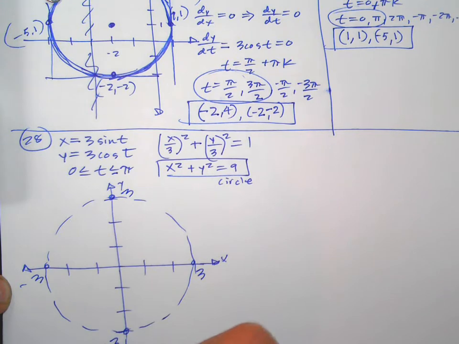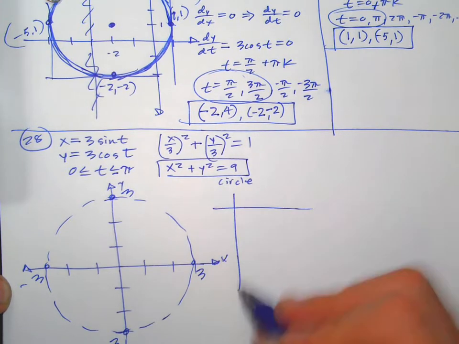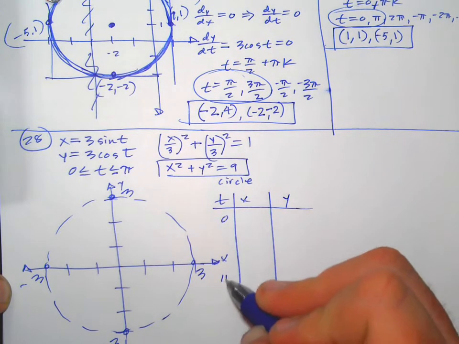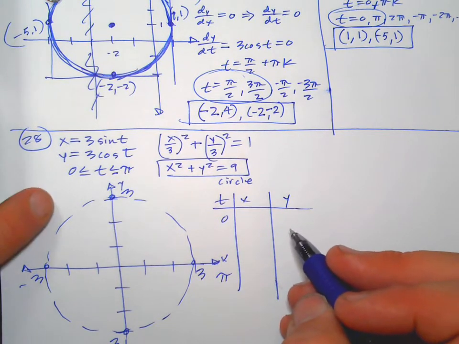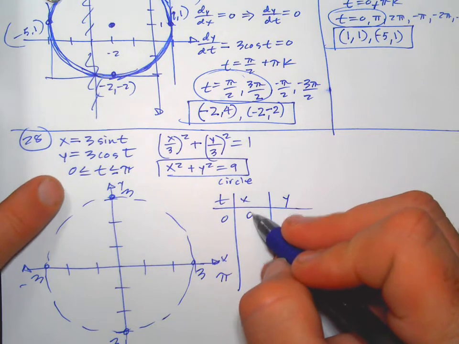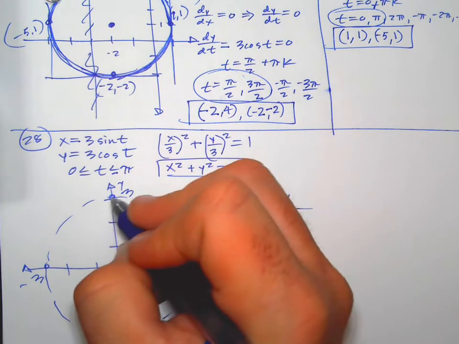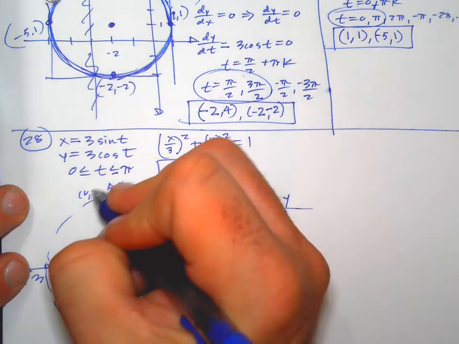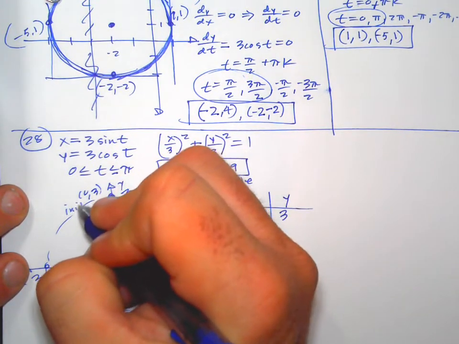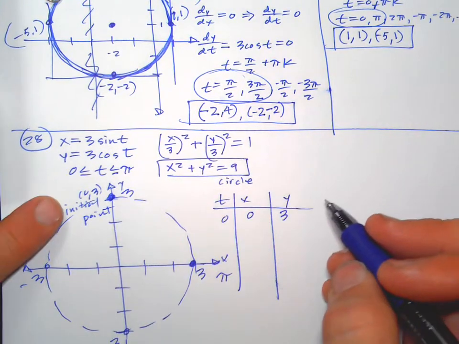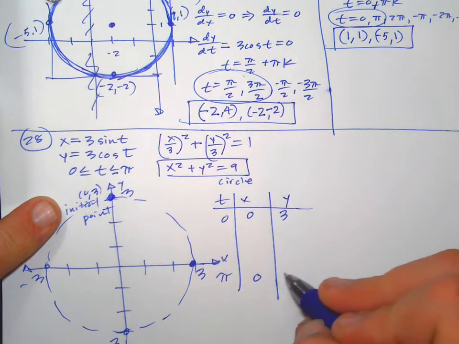All right, so if we make a little table, plug 0 and pi in. So sine 0 is 0, this can be 0, comma 3. 0, comma 3 is the initial point. Plug pi in, we get 0, comma negative 3.